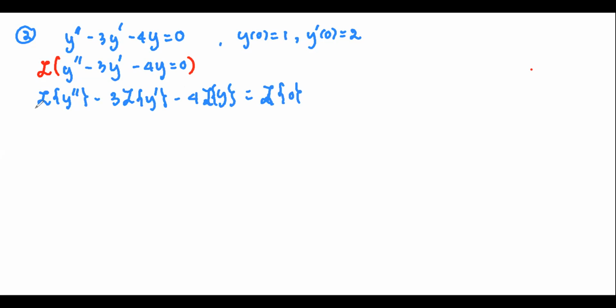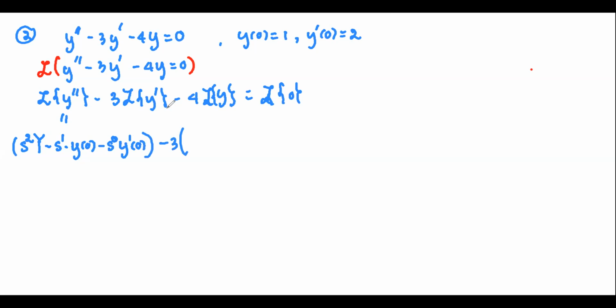The second derivative is n equals 2, so it becomes s squared multiplied by the capital Y minus, now the power of s comes down one by one, so s to the first multiplied by the first initial condition, minus s to the 0, the next initial condition.